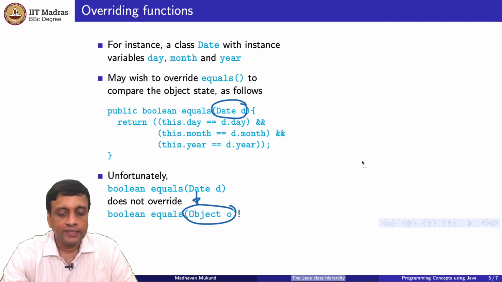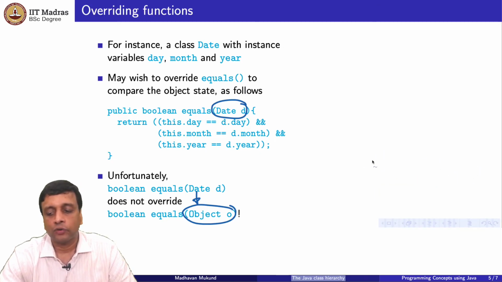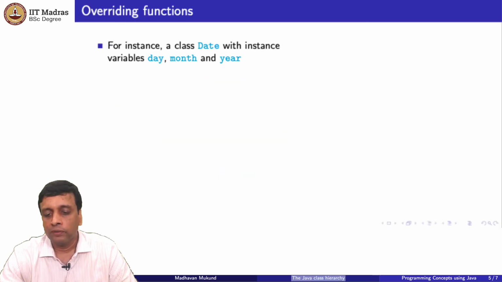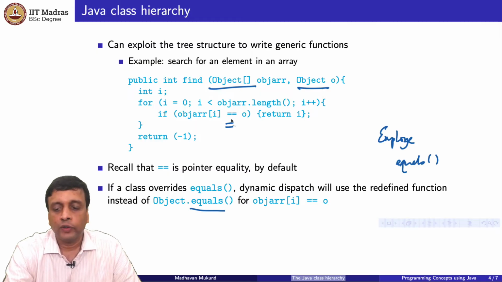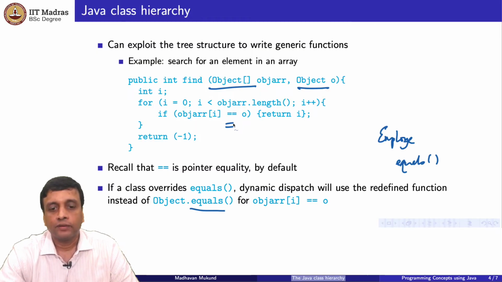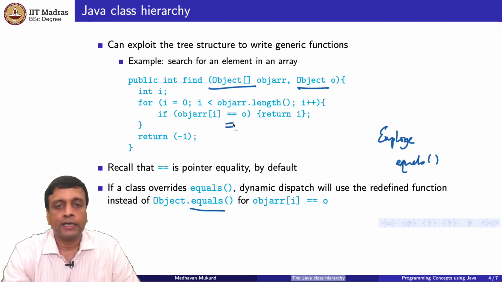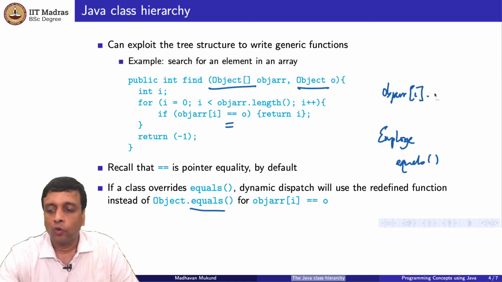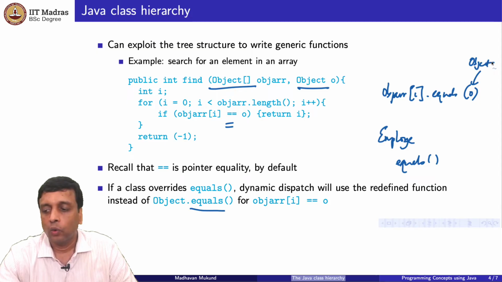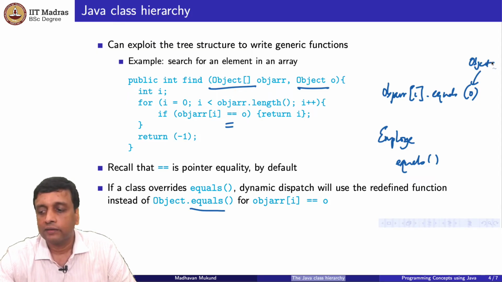So the manager bonus was shadowing in some sense, or making invisible, the employee bonus. Now here, this does not cancel out that. And the reason that this is a problem is because in the loop that we had before, I only have objects. So when I use equals here, I'm actually asking for the equals where the parameter is an object type, because it's going to be obj array I dot equals O, but this is an object.